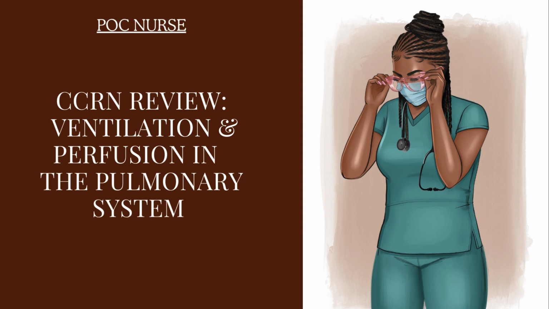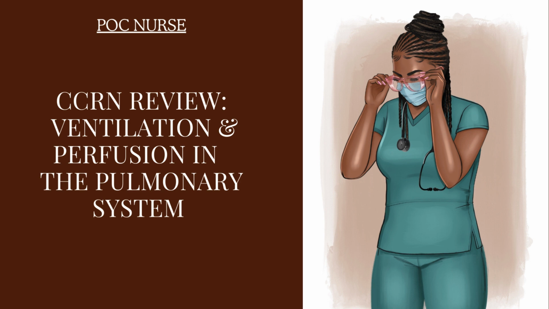So perfusion is affected by gravity. So different areas of the lungs get perfused differently depending on the patient's position. So if a patient is standing up, there will be more perfusion at the bottom of the lungs because that area is more gravity dependent.